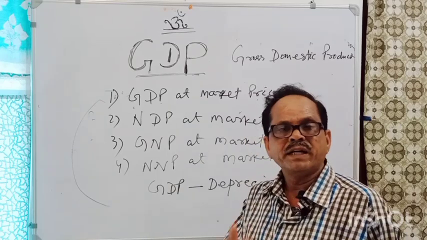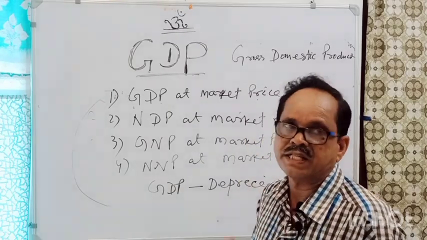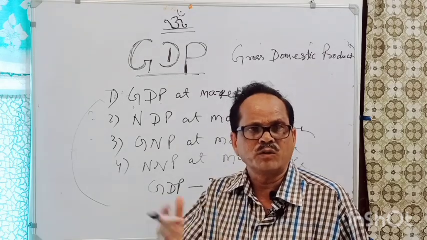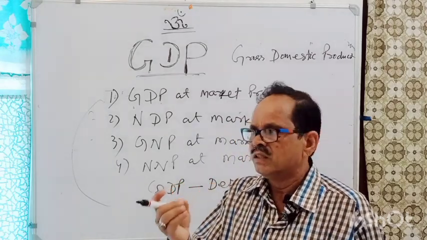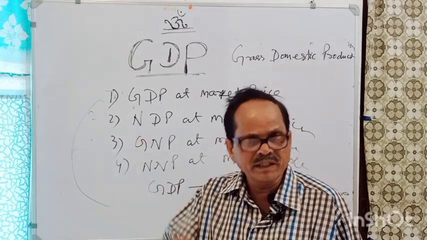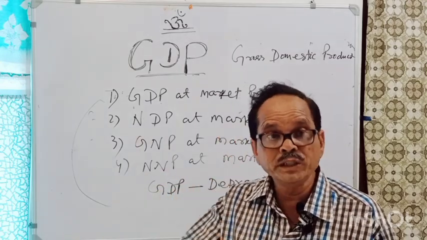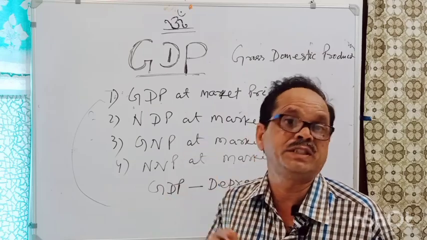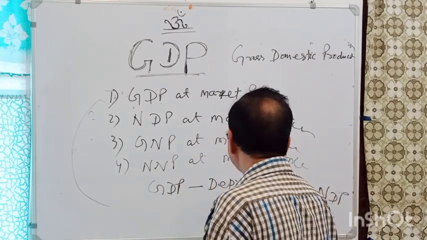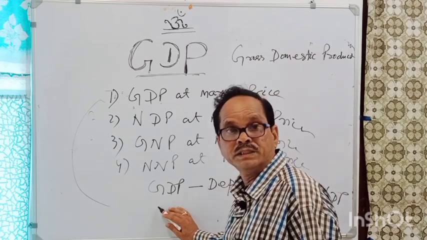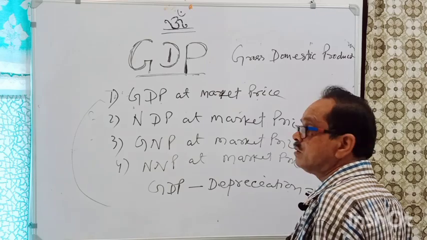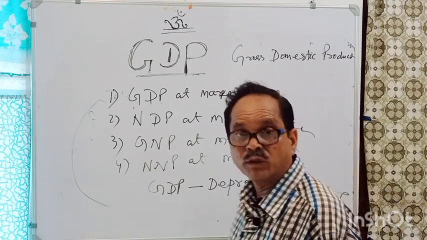When machinery is in running order, some amount gets destroyed and can be repaired, and the cost incurred for this purpose is called the depreciation cost. When we deduct the depreciation cost from GDP, then we find NDP, net domestic product.